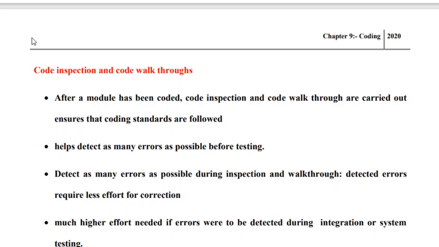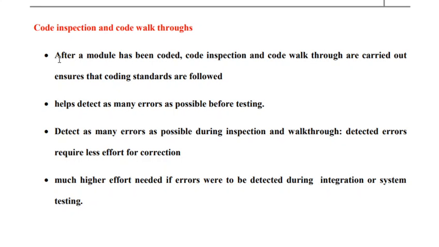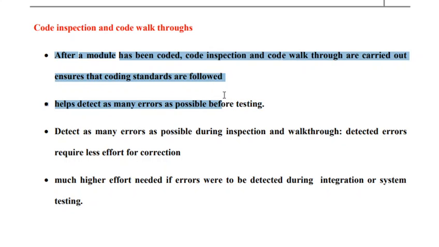So these are processes that are initiated after the coding phase and before the initiation of the testing phase, to ensure compliance in terms of coding standards and in terms of the conceptual integrity of the function. After a module has been coded, code inspection and code walkthrough are carried out to ensure that the coding standards are followed. It helps in detecting common types of errors before testing. Why do we need them?